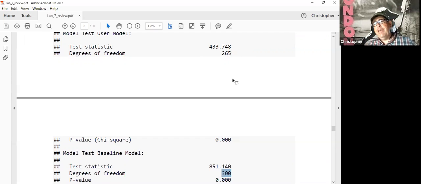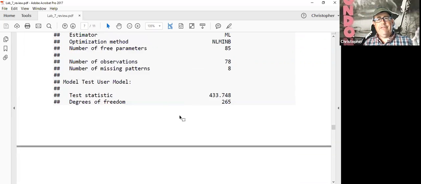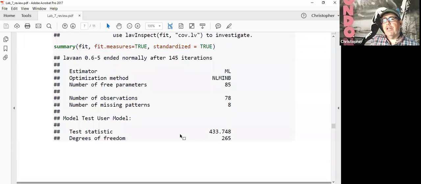If you think about how many correlations there are, you've got factor 1 correlated with 2, 3, 4, and 5. Then factor 2, its correlation with 3, 4, and 5.